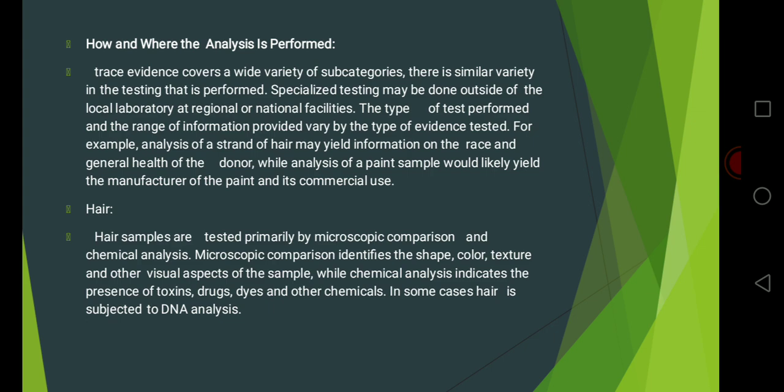Here samples are tested primarily by microscopic comparison and chemical analysis. Microscopic comparison identifies the shape, color, texture, and other visual aspects of the sample, while the chemical analysis indicates the presence of toxins, drugs, dyes, and other chemicals. In some cases, hair is subjected to DNA analysis.